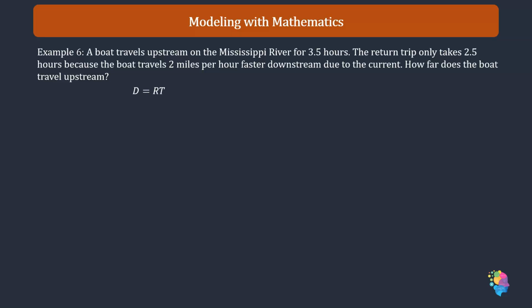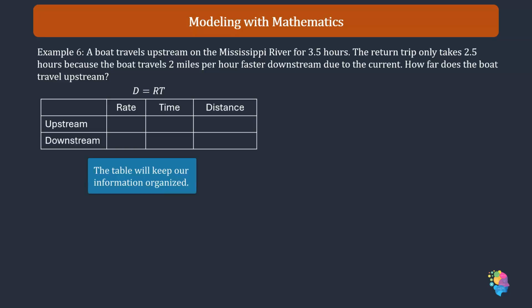They're talking about a boat going upstream and then downstream. So that's how we're going to create the table. Let's write the information. I know that upstream, the time is 3.5 hours. I also know the time for the downstream trip, and that is 2.5 hours.